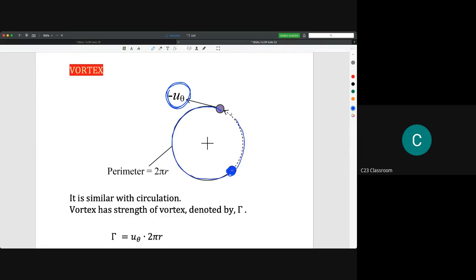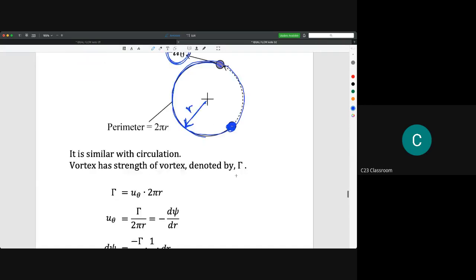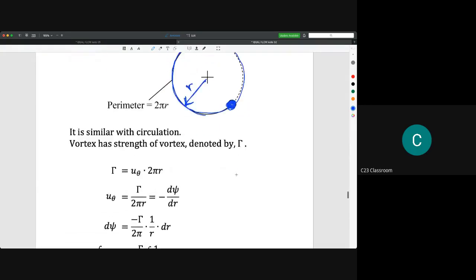It keeps rotating like this, and it keeps maintaining the value of r here.